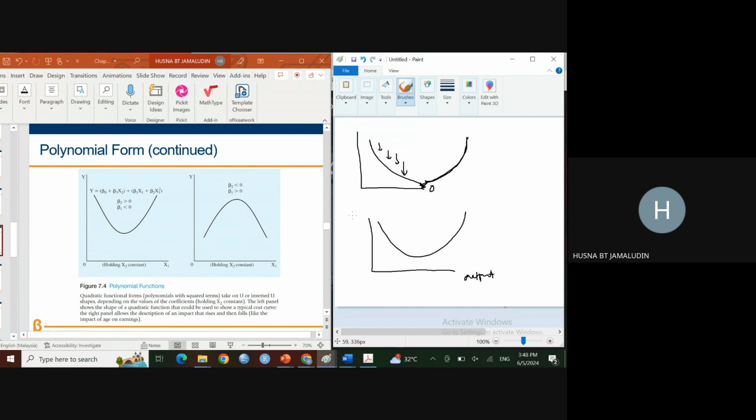Okay, let me explain this first. This is the cost. Right? So remember when we talk about economics, we want to see the relationship between the variables. Okay. So if you are producing something, just assume that you are a factory manager. You are the owner of the factory. Manager is not the owner. You are the owner. Okay.